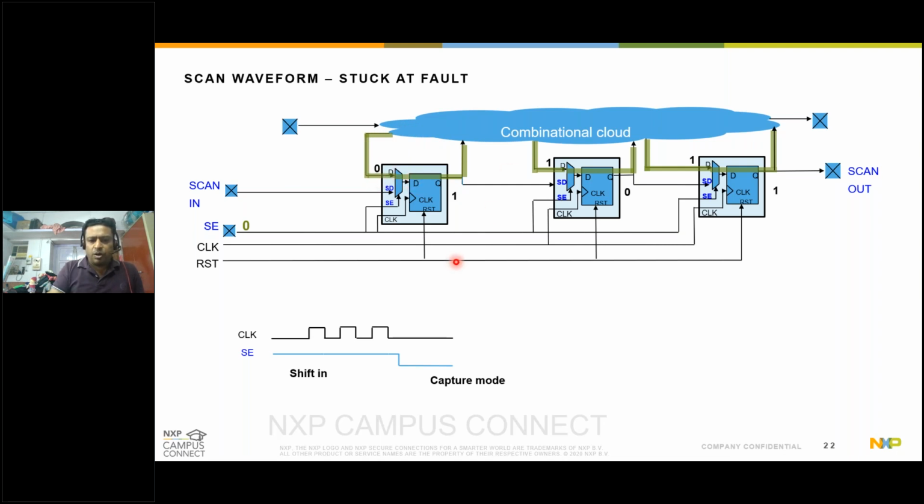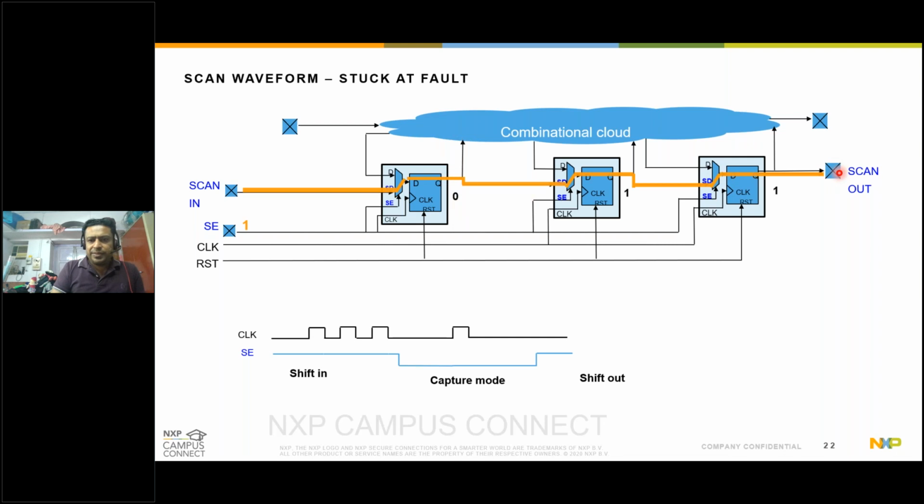If I give a clock pulse in my capture mode, the response coming out of the combinational cloud gets captured in my shift register. And if I again move to shift mode, I can shift out this captured response from the combinational cloud to my primary output.